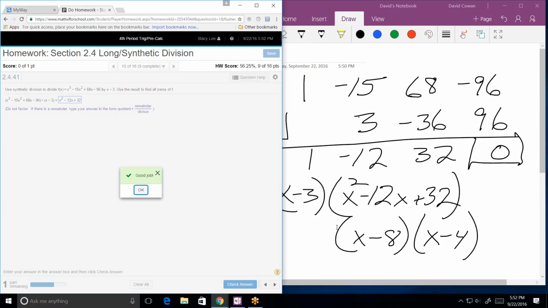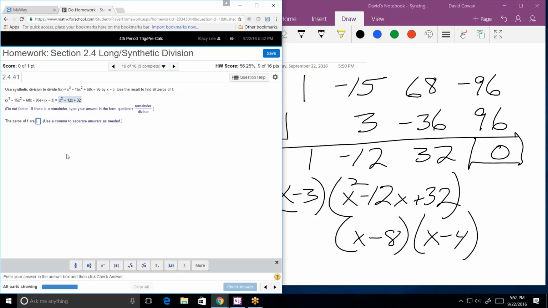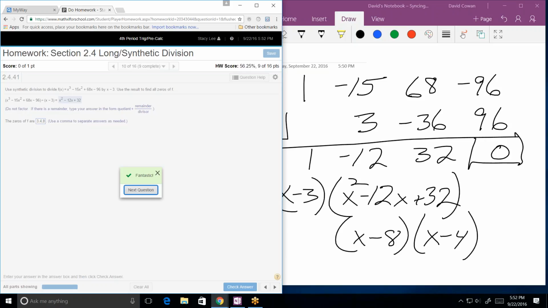Good job. And now it's going to probably ask the rest of the question. The zeros of f are, use comma to separate answers, so we have 3, 4, 8. Fantastic.